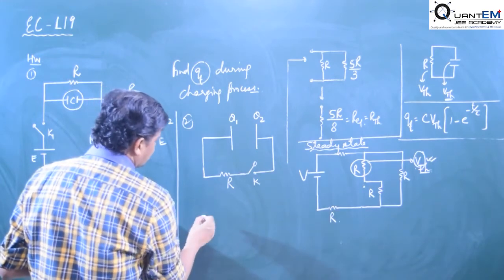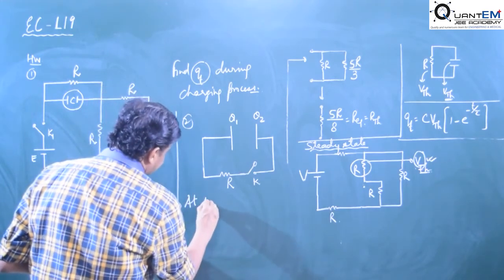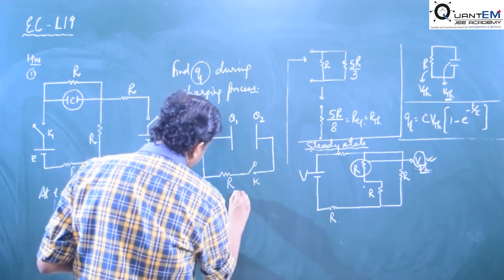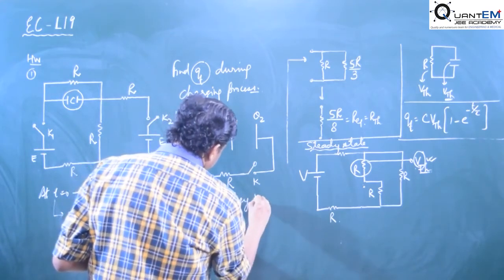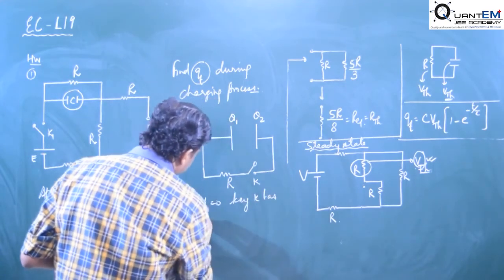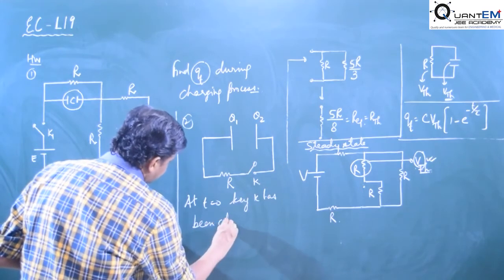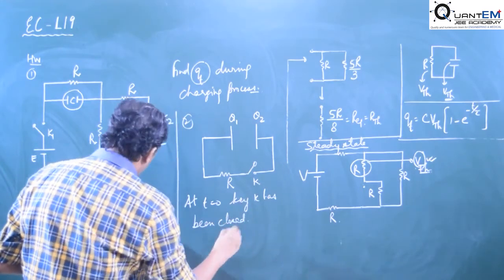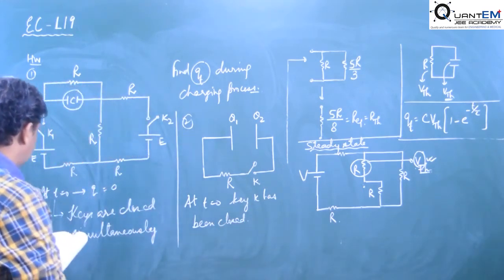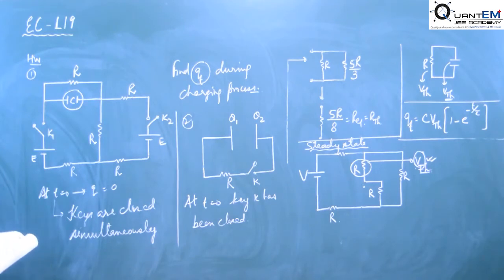Okay, initially at time t is equal to 0, key K has been closed. You have to find the charges on the plates after time t.